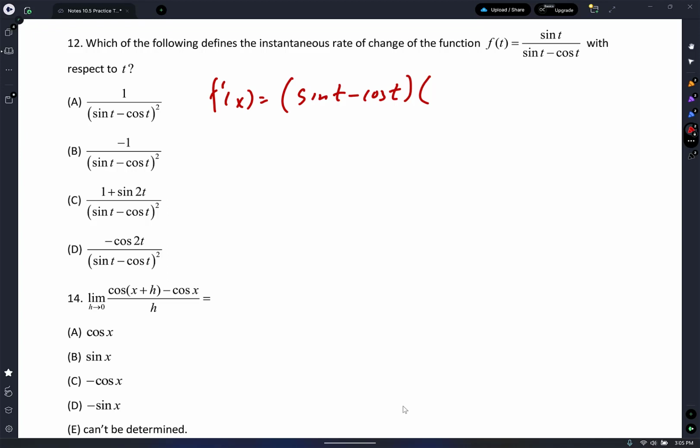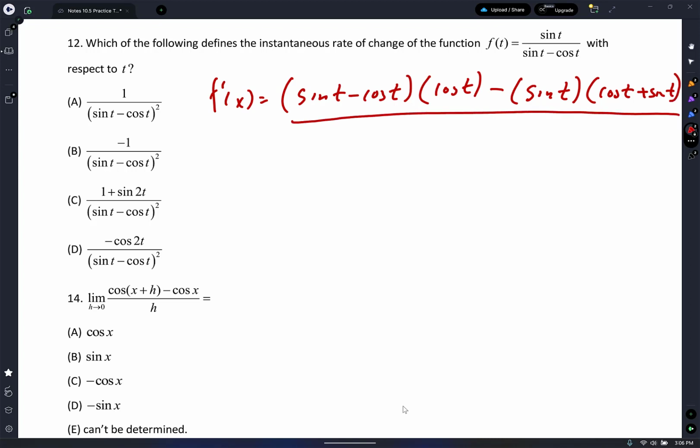What's the derivative of sine t? Cosine t. Make sure you put a t in there, guys. Plus or minus? Minus top times the derivative of the bottom. What's the derivative of the bottom? Cosine t plus sine t. You can say minus a negative sine t, which turns to a positive anyway.